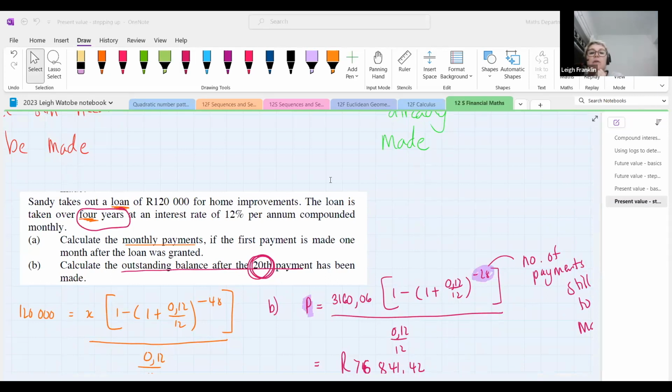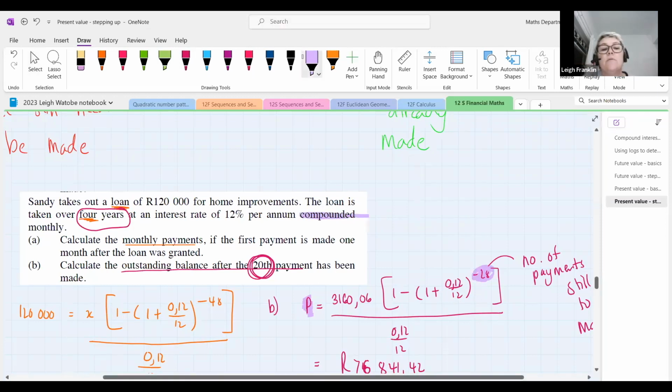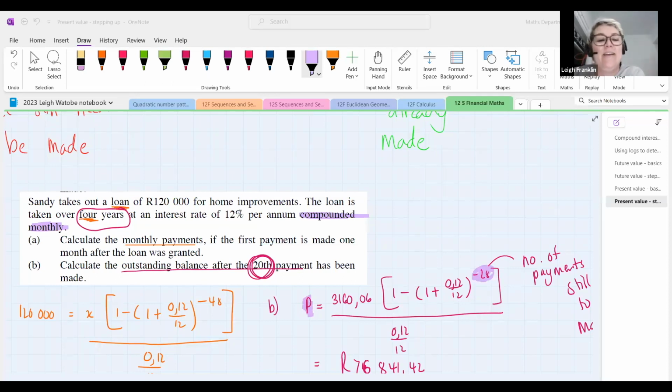You see it now. Okay. But they didn't say compounded monthly. They did. Right here. Look here. It says compounded monthly right here. So that's how you calculate a balance outstanding. All right, Katleho.